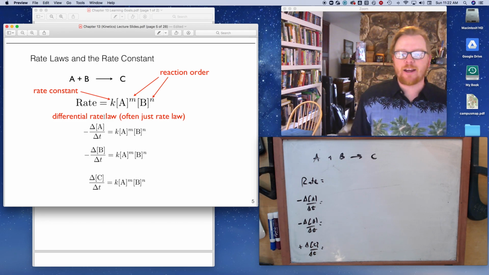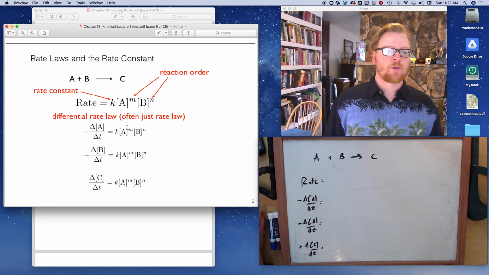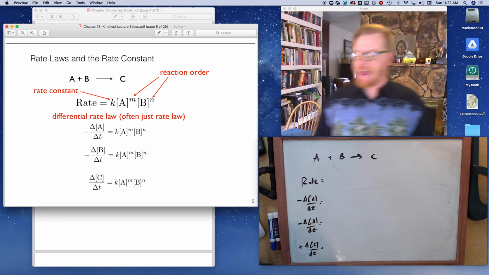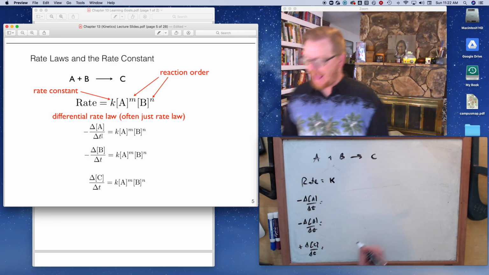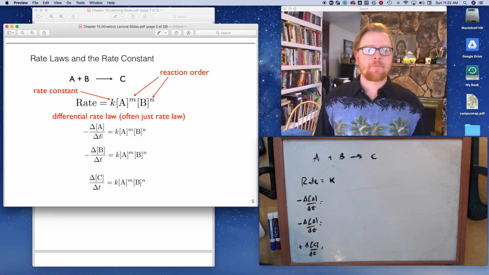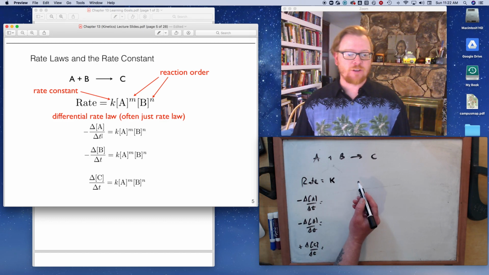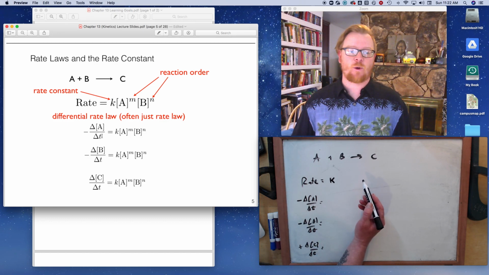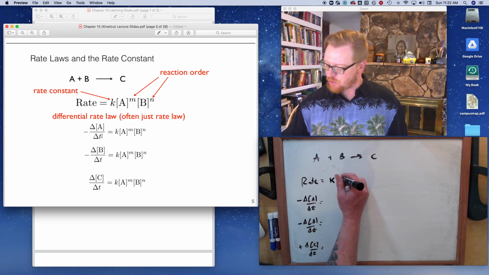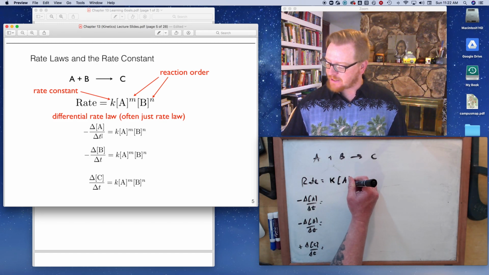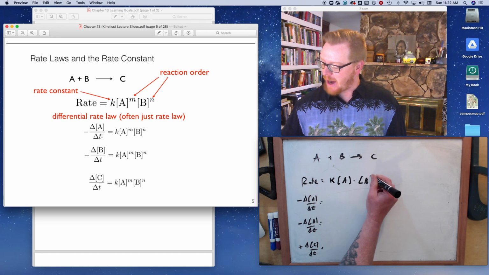Okay. So now here's how the following rate expression goes. We first say rate equals k. So that's k, a rate constant, okay? And now this is where it's all about the reactants. On the right-hand side of the equation, we're going to write the concentration of both reactants multiplied by each other.